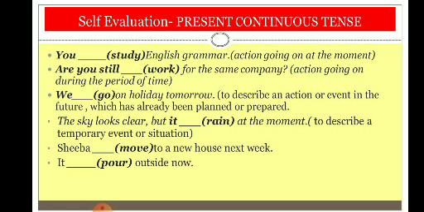The base form of the verb is rain, to describe a temporary event or situation. Sheba dash move to a new house next week. Here you have to give the answer in present continuous tense. It dash pour. The base form of the verb is pour, outside now.